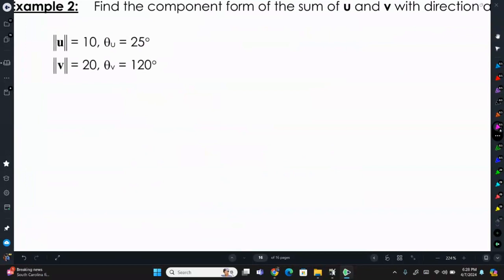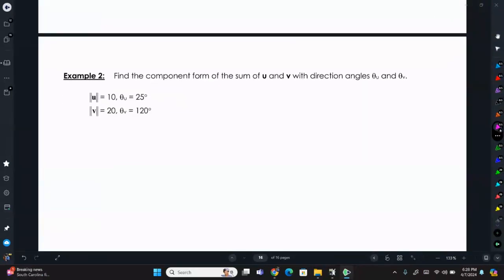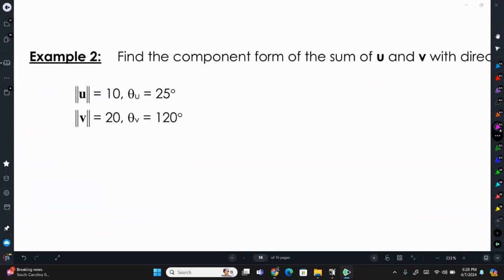All right, now let's look at the next page. It says find the component form of the sum of u and v with direction angles theta u and theta v. So we're going to add these two vectors because it says what is the sum.